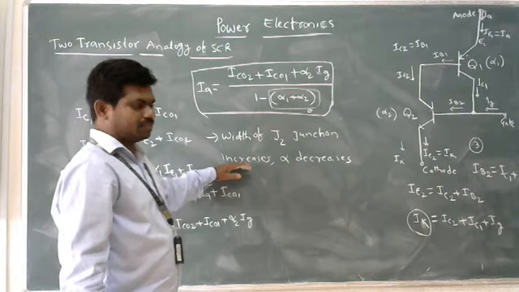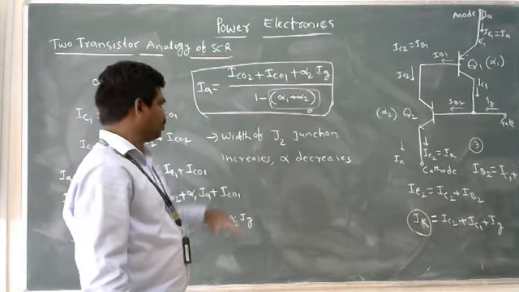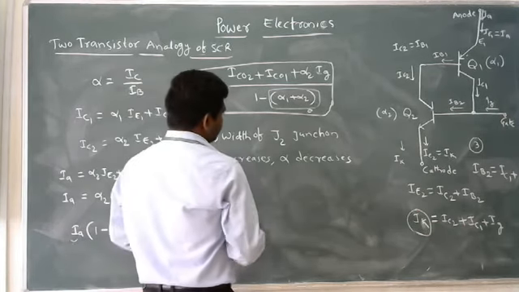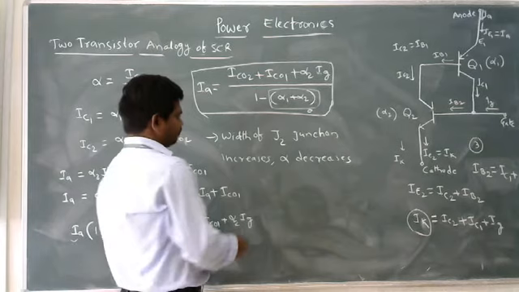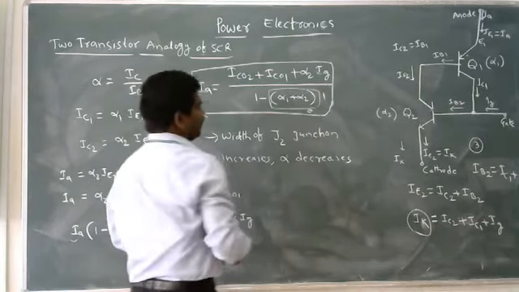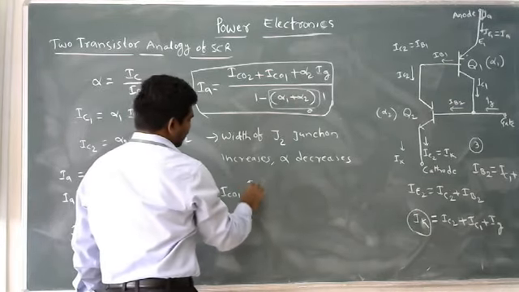This is the concept. So when this happens, automatically the alpha values are reduced, and vice versa. Suppose when alpha 1 plus alpha 2 reaches 1, then automatically the IA current increases.